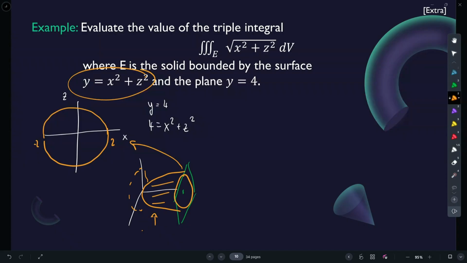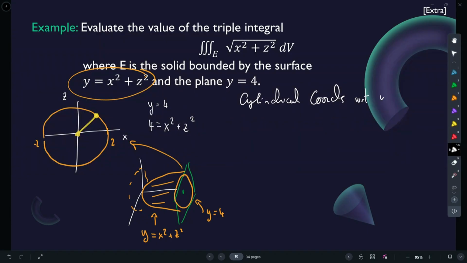So this graph is y equals x squared plus z squared. This graph is y equals 4. So now I have all my ingredients because I have points up to here in the x and z plane. So I'm going to convert this to cylindrical coordinates with respect to the y-axis.